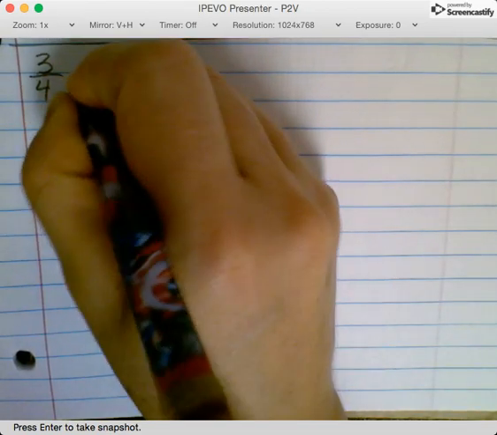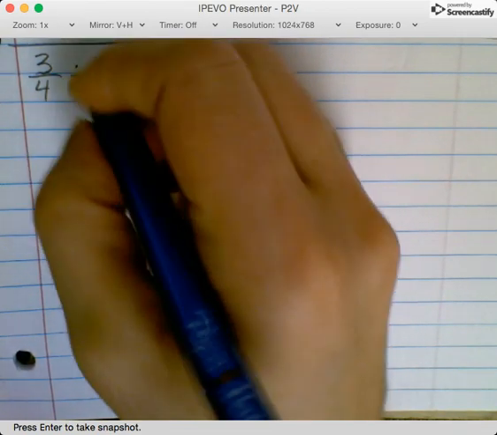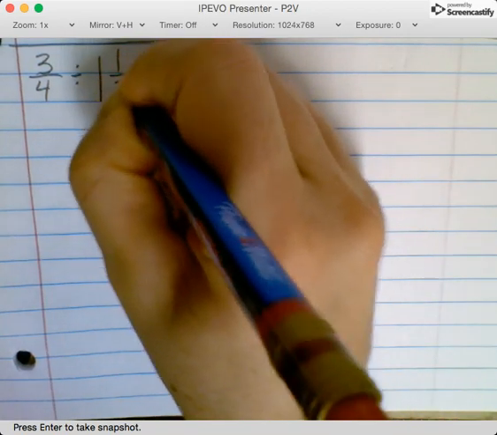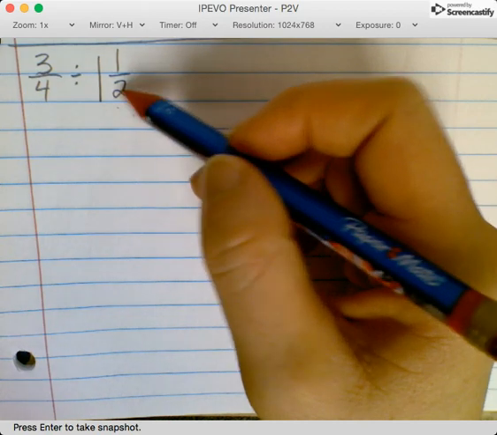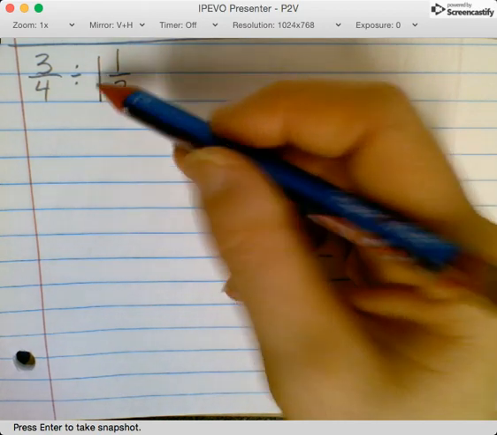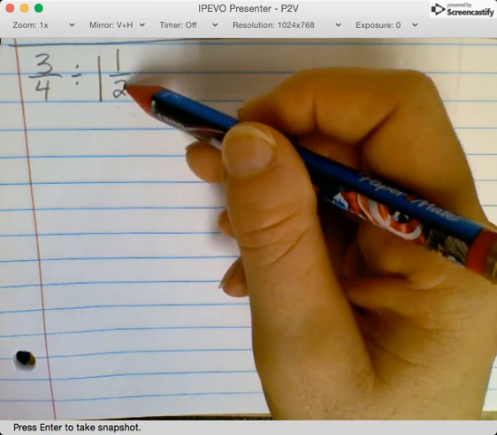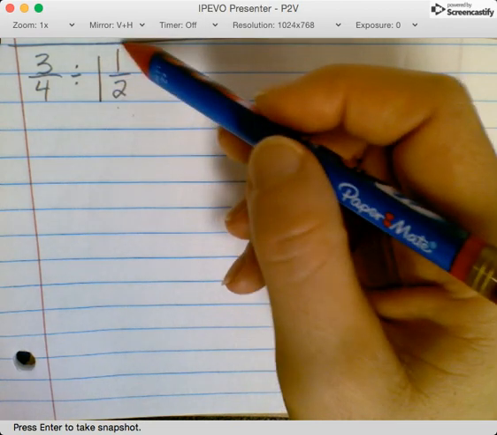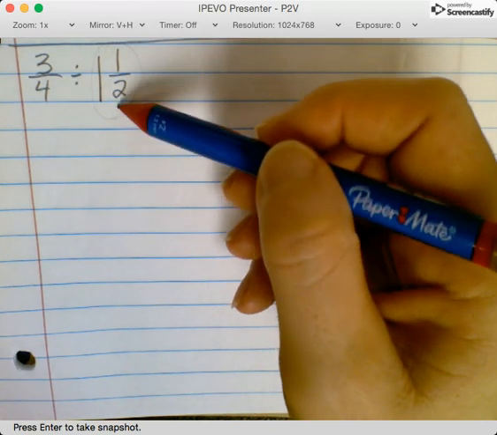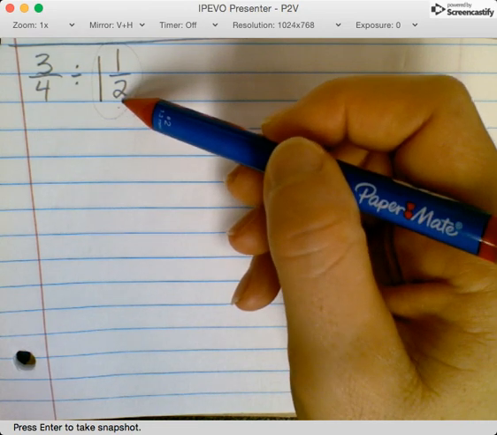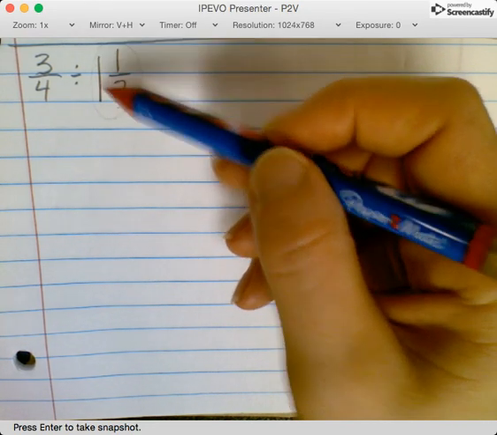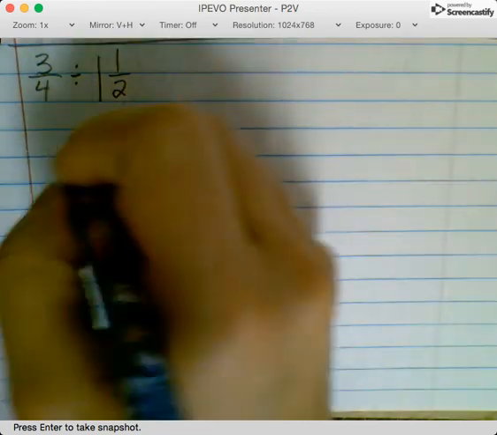If I have 3/4 divided by 1 1/2, now if you recall from the other lessons, I used the reciprocal of my second number. Well, before I can do that, just like when I multiplied my mixed numbers, when I divide, I'm going to change my mixed number to an improper fraction first.